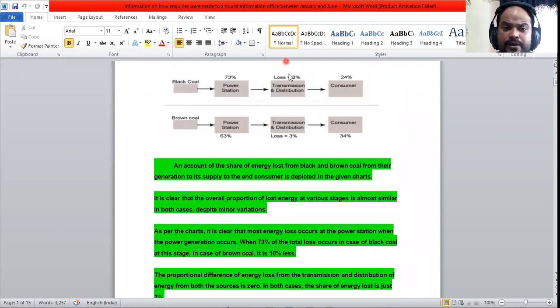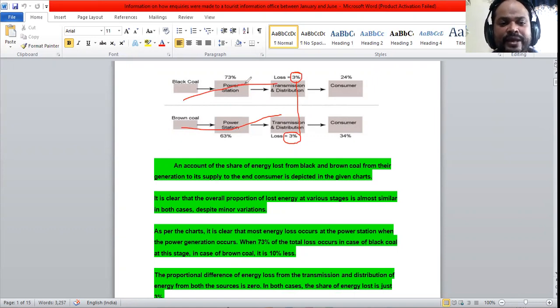The proportional difference of energy loss from the transmission and distribution of energy from both the sources, from this source and from this source, is 0 because it is 3. 3 minus 3 is 0. So the difference is 0.